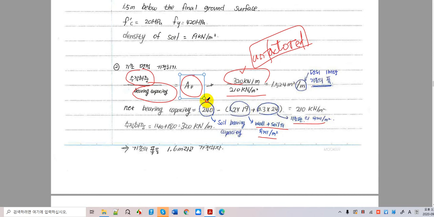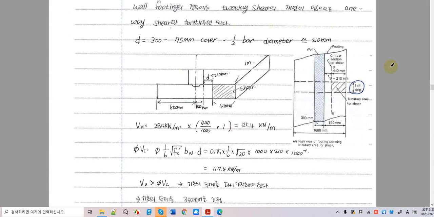In this case, we don't consider the surcharges. But anyway, the soil bearing capacity reduces to 210 after we subtract all this load which already exists on the foundation. And we come up with 210, so that we have this much area needed, assuming a 1.6 foundation width, because this is one way.